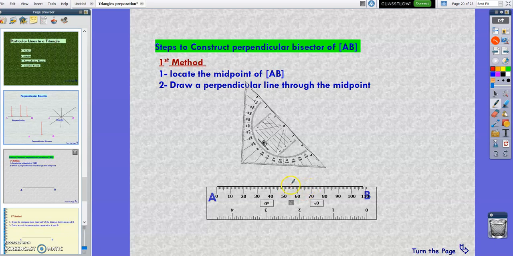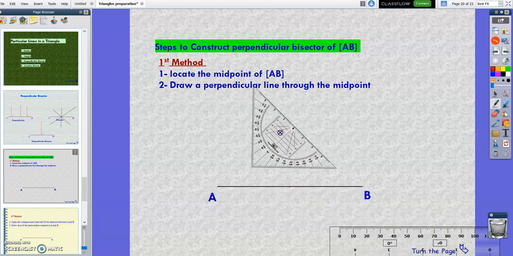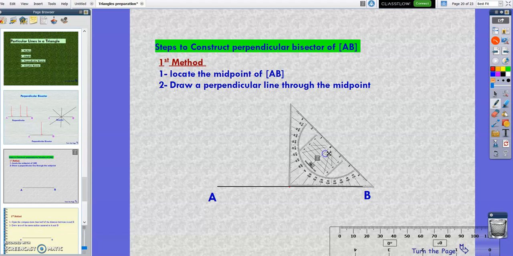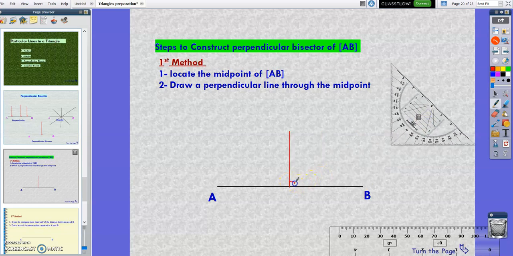So here is 5.4. So here is the midpoint. We will draw through this midpoint a perpendicular like that. Okay, like that. So this line is the perpendicular bisector of AB. It cuts it into two equal parts. This one is equal to this part.